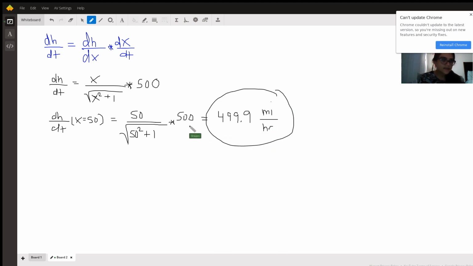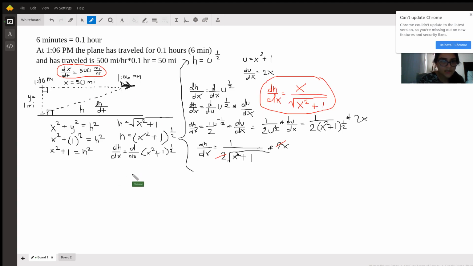Now, notice that this is so close to the speed that the plane is traveling at. So we can go ahead and check whether our answer makes sense. If you think of this scenario, note that this drawing is not to scale. The vertical distance is only 1 mile, but the plane is traveling very fast.